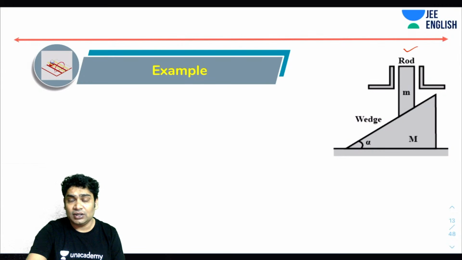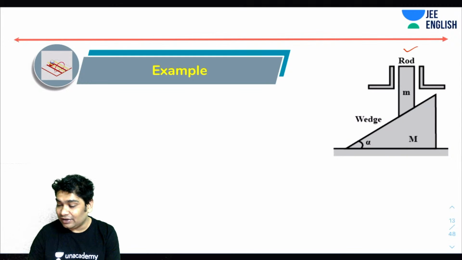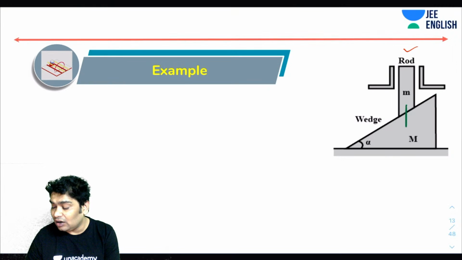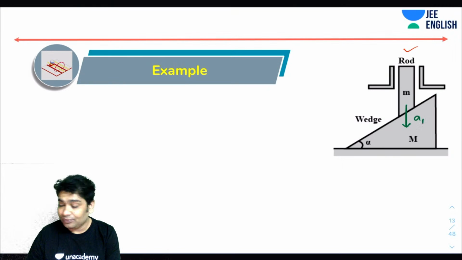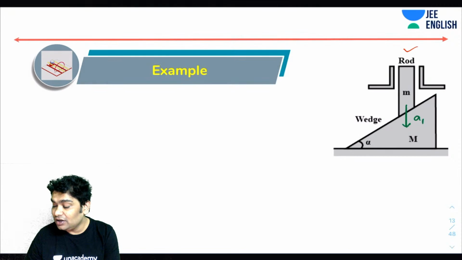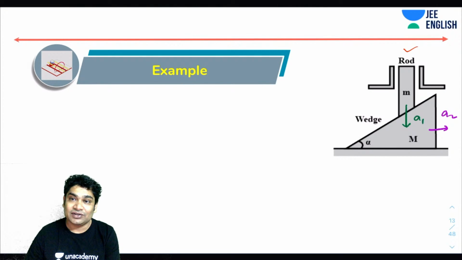How do you go about this? First you will write your normal NLM equations, and then you will need another wedge constraint equation which will relate the accelerations of capital M and small m. So let's try and write that relation. Let's assume that this rod is moving down with some acceleration a1, and this wedge itself is moving in this direction with an acceleration a2.